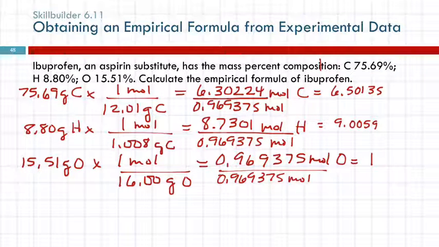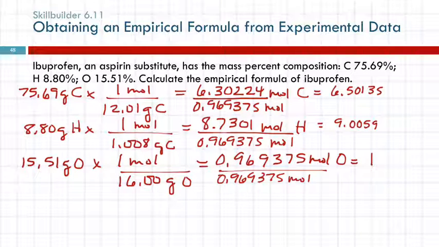Can I round 6.5 to 7? No, I can't. So this is where we have to multiply by some number to get a whole number. 2. So 0.5 is the decimal equivalent of 1/2. Right? This is 6.5. If I multiply by 2, I'm going to get a whole number. If you understand that, awesome. If not, try 2. If that doesn't give you a nice number, try 3, try 4.